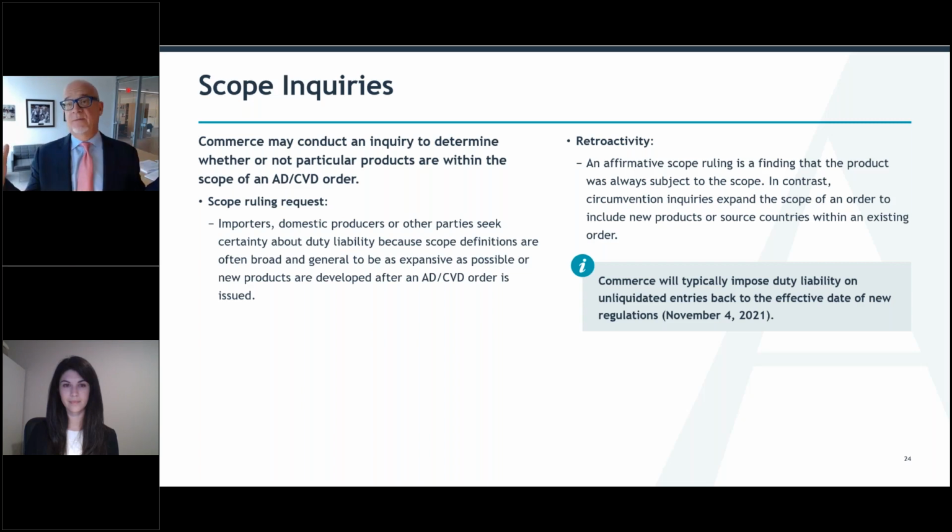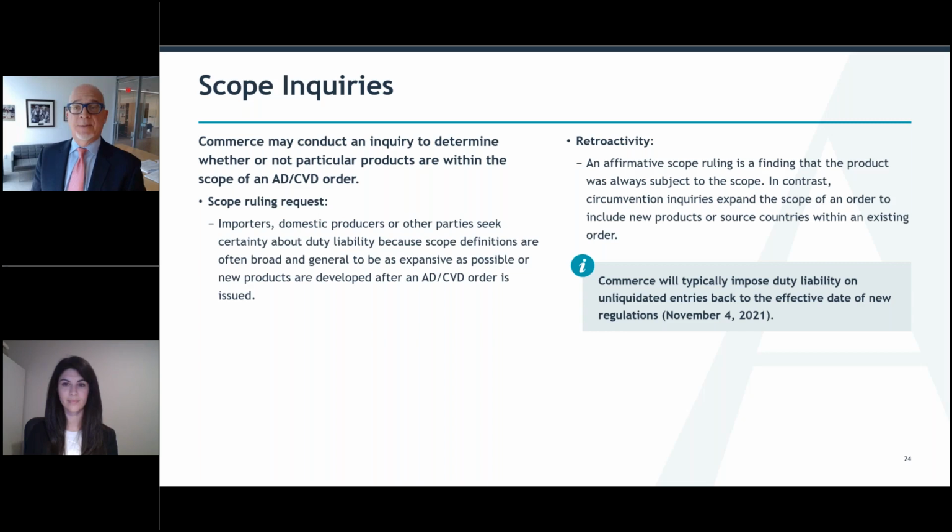Or there are scopes that have multiple HTS items. There are scopes like the one I mentioned already that's pending right now on aluminum extrusions that include not just aluminum extrusions, but aluminum extrusions included in downstream products. Very, very tricky stuff and difficult to know how Commerce is going to rule.